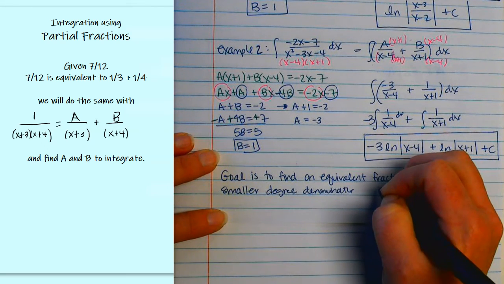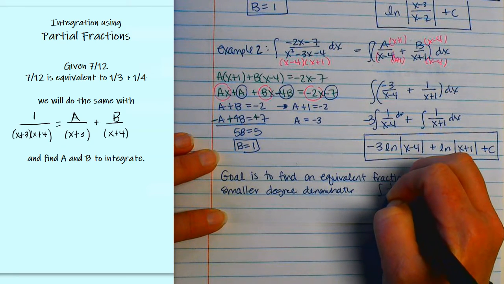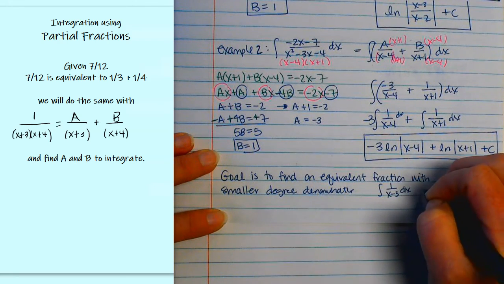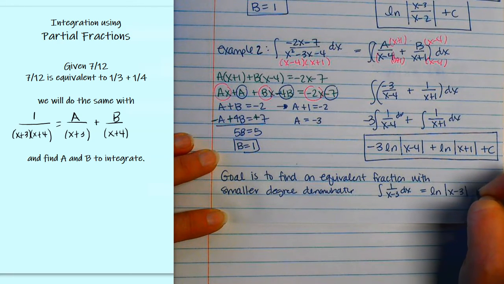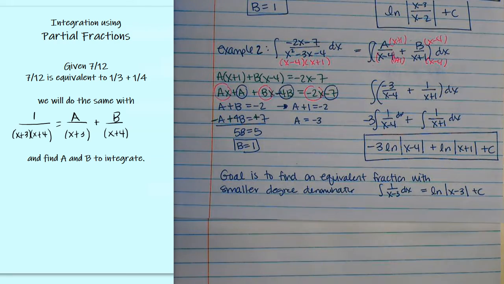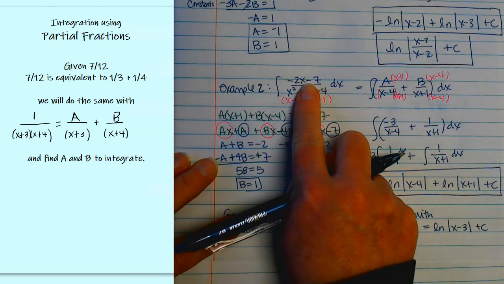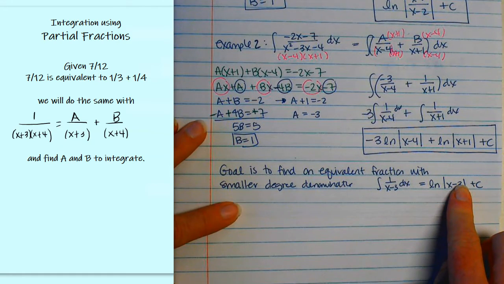And the reason for that is that the integral of 1 over something simple like x minus 3 integrates to the natural log of absolute value of x minus 3 plus c. And so I don't need the original problem to have the derivative up here anymore. This is very simple to integrate. So I'm looking for a simpler way to integrate.